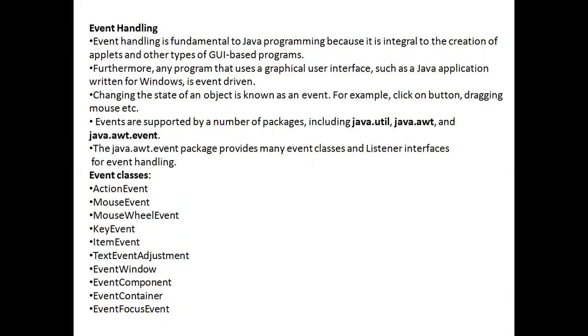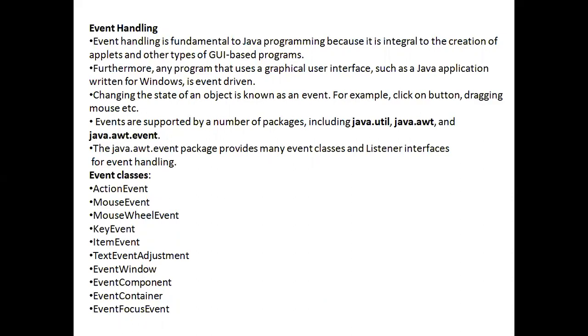Changing the state of an object is known as an event. For example, clicking a button, dragging the mouse, etc. These are all events that happen while developing the AWT GUI. Events are supported by a number of packages: java.util, java.awt, and java.awt.event.